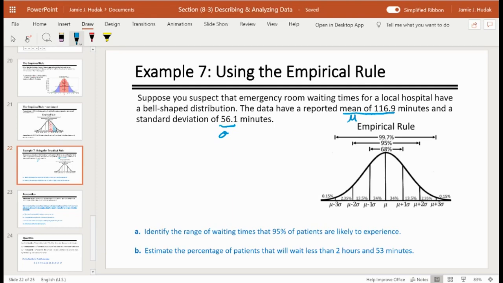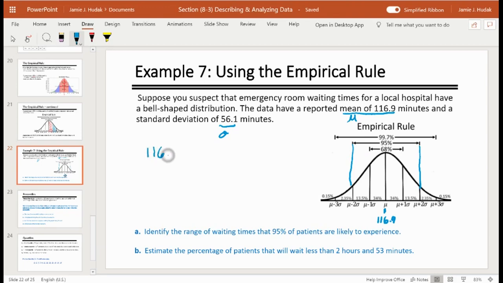Part A says identify the range of waiting times that 95% of patients are likely to experience. Well, at the mean is 116.9 minutes, and we see that 95% goes 2 standard deviations in each way.